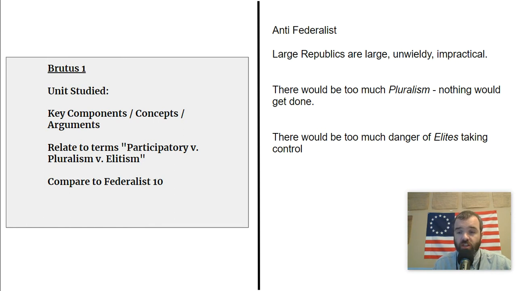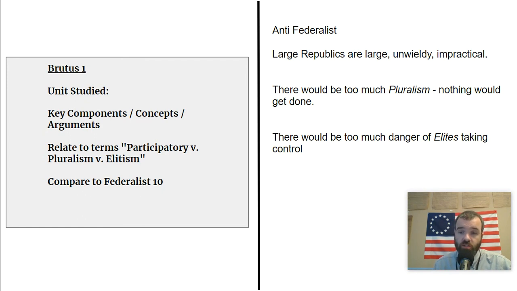And then eventually that could lead to a tyrannical government where people are saying, well, the pluralist system isn't working, so we've got to follow these few people or this individual who's trying to take charge of the chaos. So, although Brutus 1 doesn't explicitly say we want a participatory democracy, he's implying that smaller governments with more participatory elements would be a much more effective system.